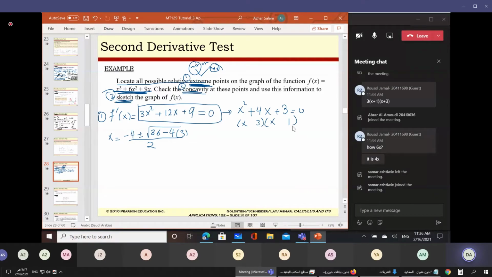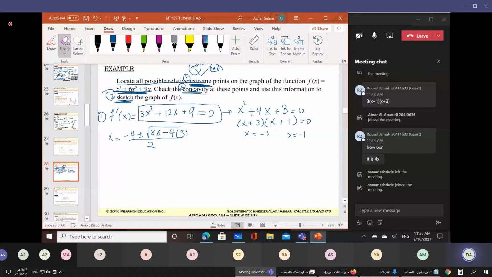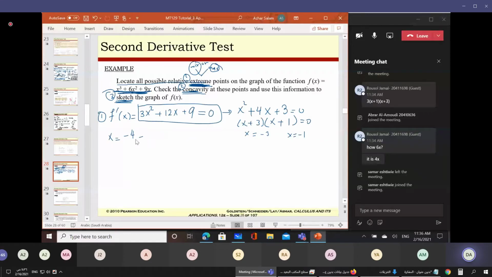If I add 3 and 1, I have plus 4, and when I multiply, I have 3. So x equals minus 3 and x equals minus 1. It will be the same when we use the quadratic formula. You can use that, of course, if you're not sure about the factorization.